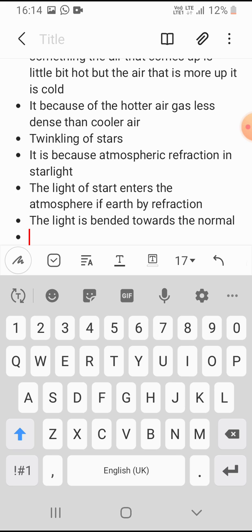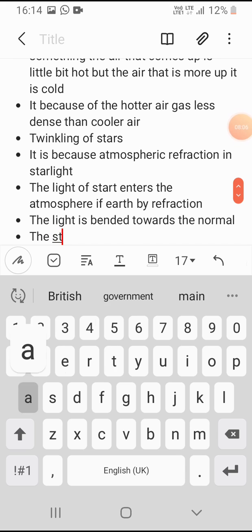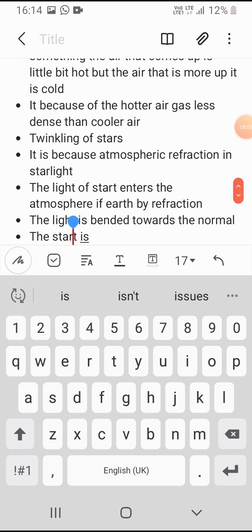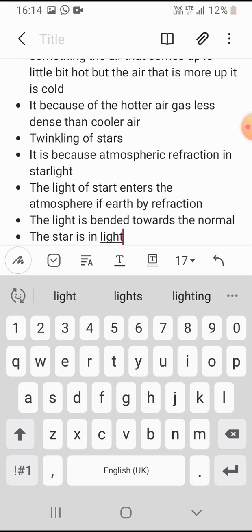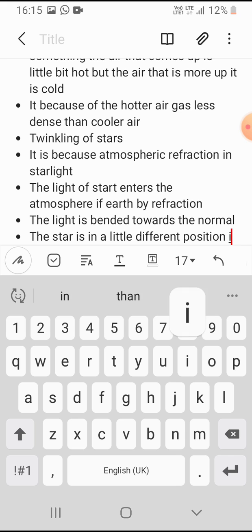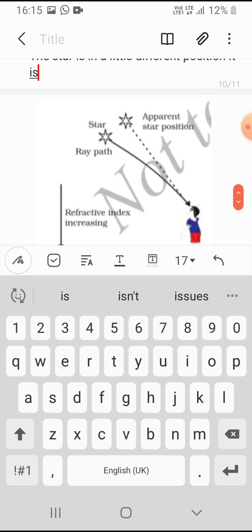So when the light comes to the surface, it is bent a little, and the star appears in a slightly different position. In this image you can see the star's ray is coming from here, but for us it appears that the star's position is here.